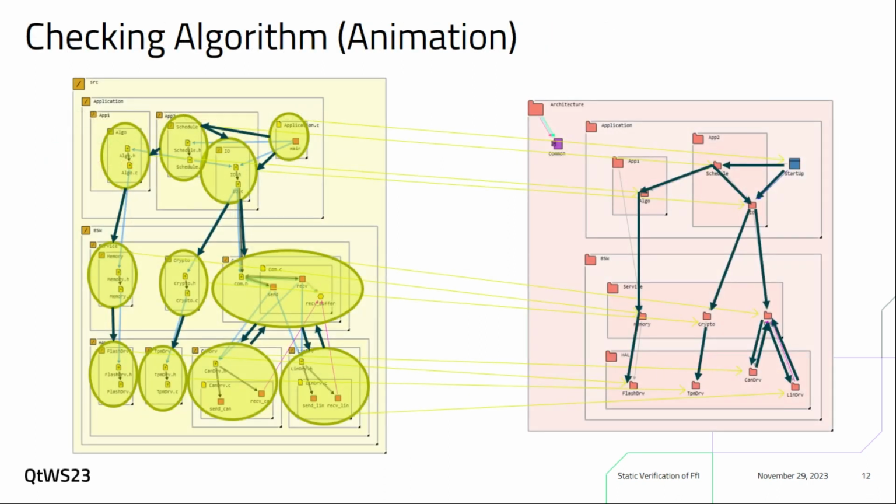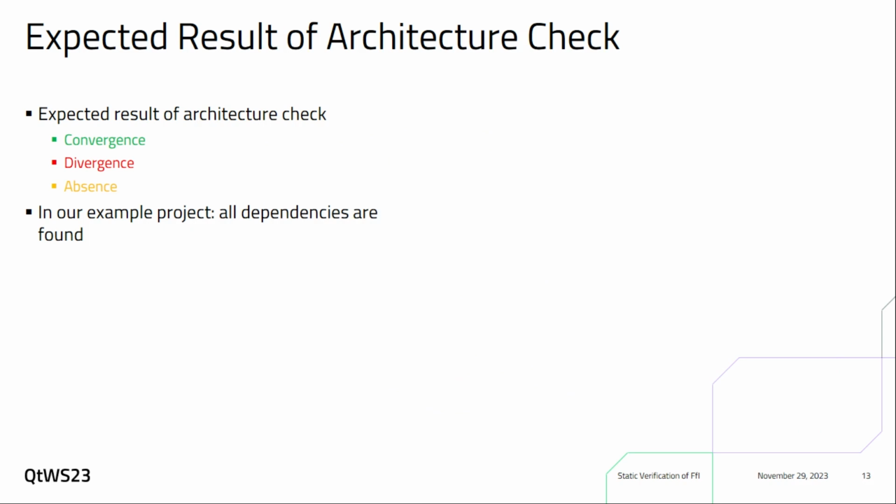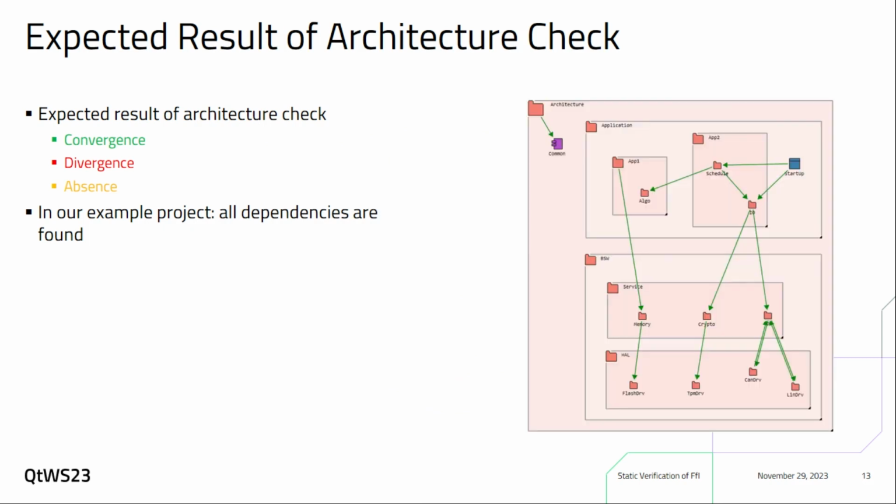And in this case, perfect, we find a perfect match. The implementation and the model are perfectly consistent. So no deviation was found. Expected result is all edges are marked in green. That would be the result for this architecture verification here on the right-hand side.